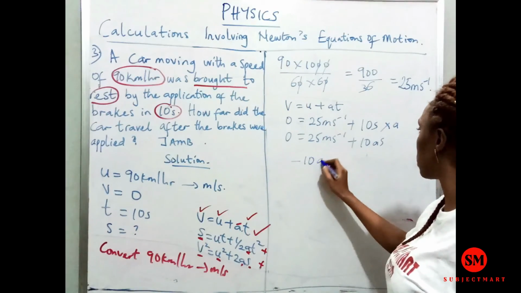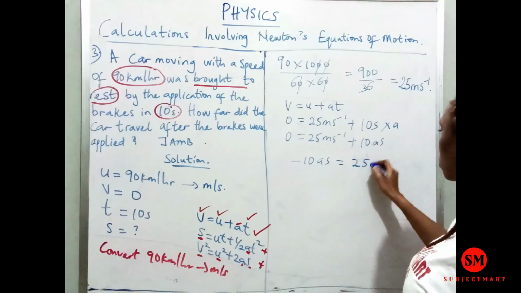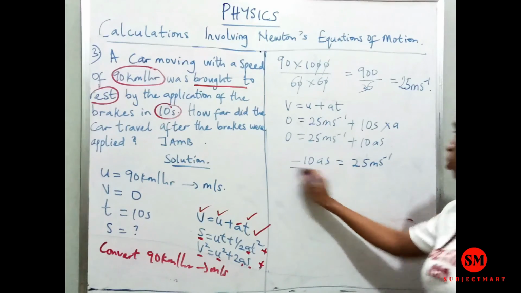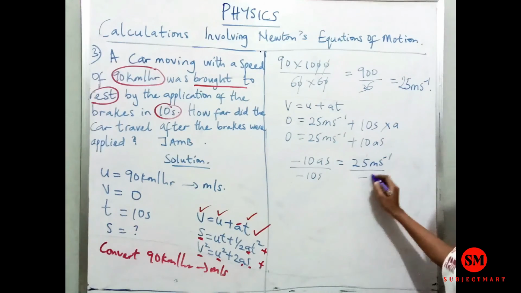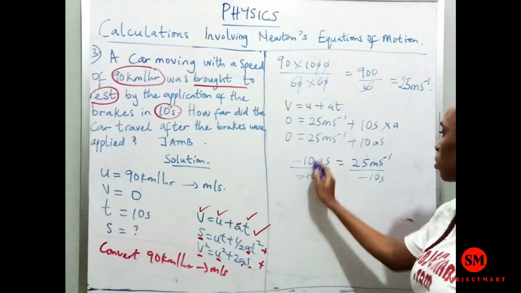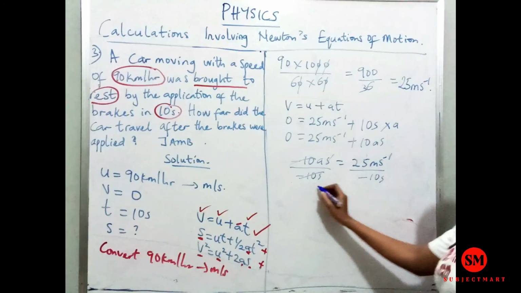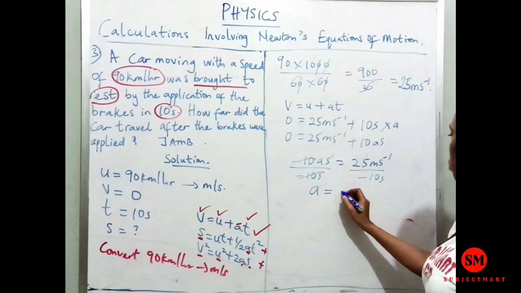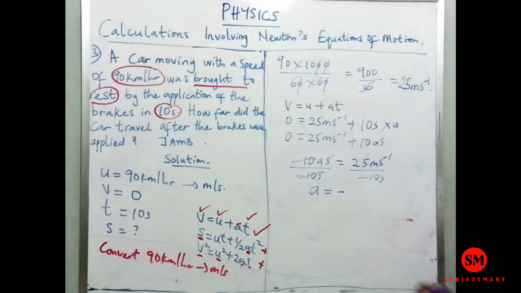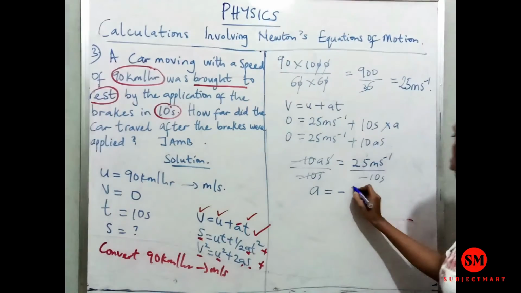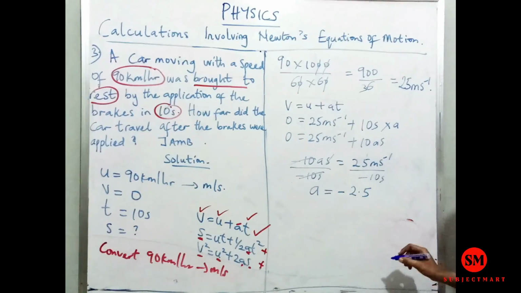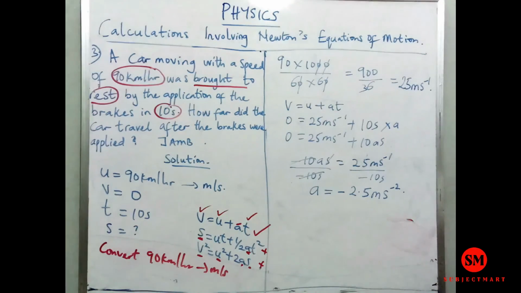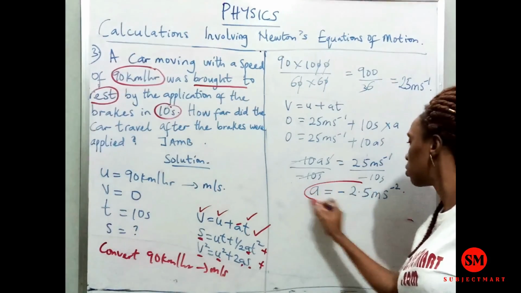I want my A to stand alone, so I'm dividing both sides by minus 10 seconds. So acceleration A equals minus 2.5 meters per second squared.